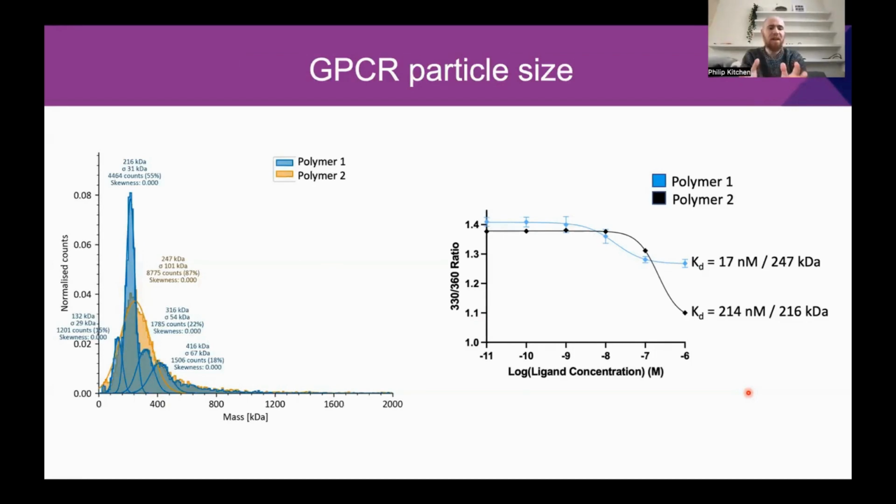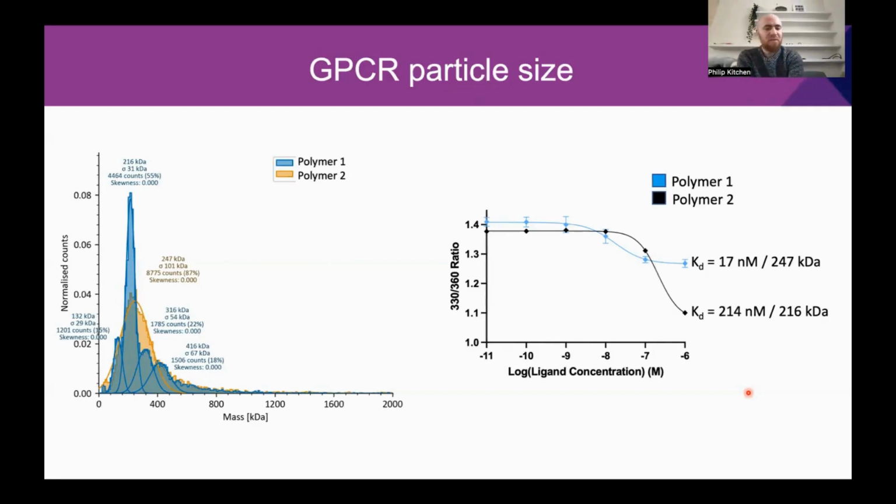And that if that lateral pressure is too high, then the protein won't properly be able to undergo the conformational changes that it needs to for ligand binding. And if that lateral pressure is too small, then the protein will be kind of flopping about a bit and exploring conformations that it wouldn't be able to in a native membrane.